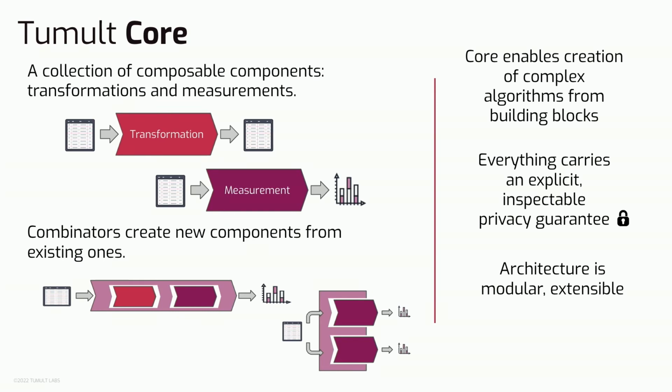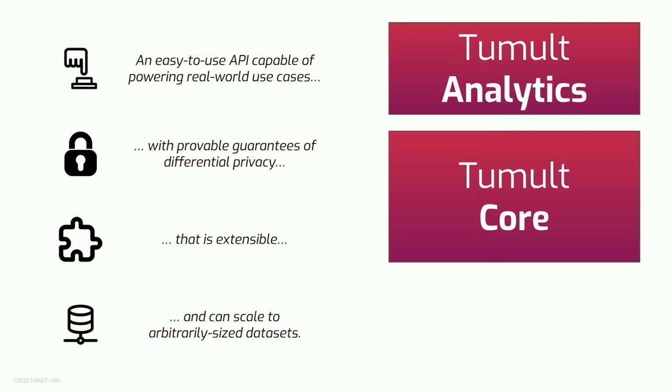Everything in Core and everything you can build with Core comes with an explicit inspectable privacy guarantee, and its modular architecture is highly extensible. Of course, all this makes Core pretty difficult to use on its own. These explicitly encoded privacy properties only make sense if you have a background in DP, and this emphasis on modularity and extensibility means that a lot of the components are fairly abstract and awkward to use.